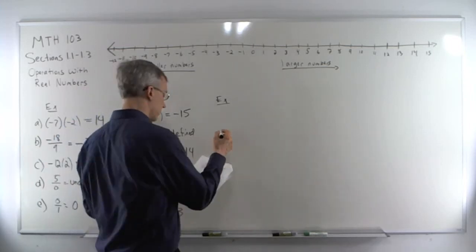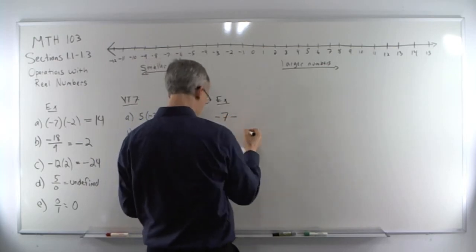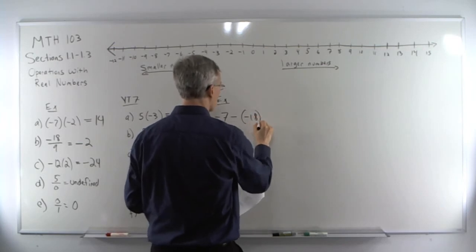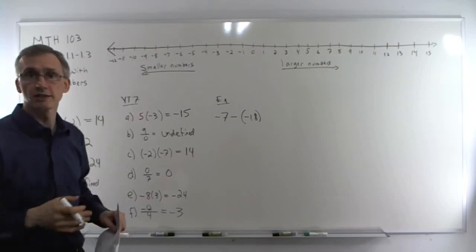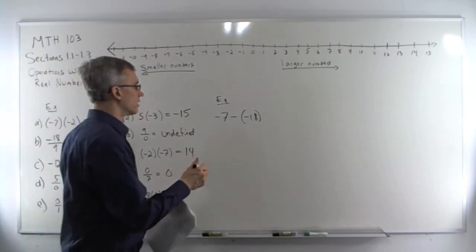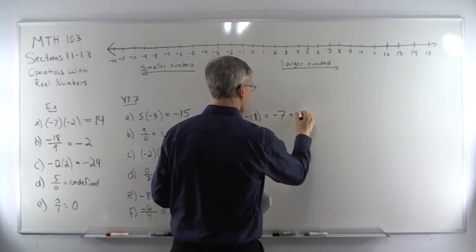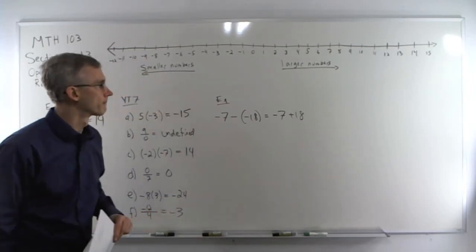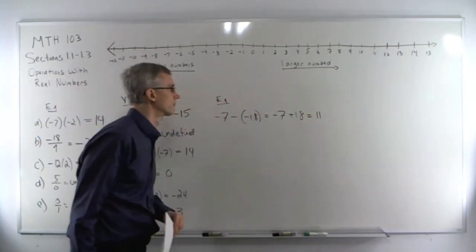So -7 appears first, we've got -7, and we'll subtract -18. So that's the translated expression. Now we can evaluate it. So we'll convert this into -7 plus 18. Subtracting a negative is adding. And we add these together and get 11.